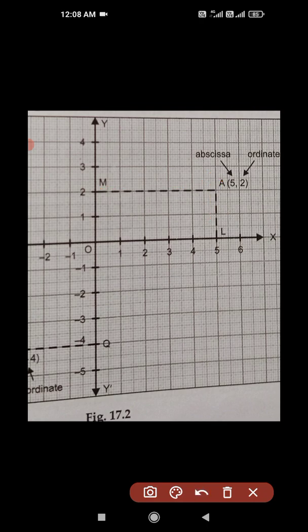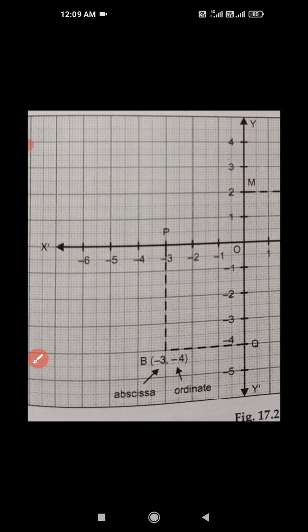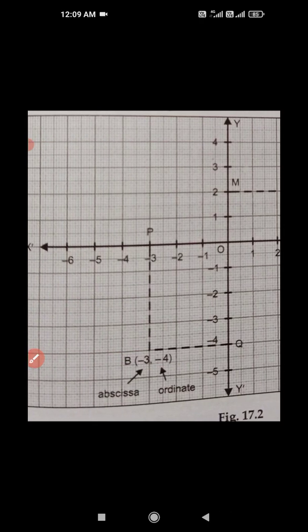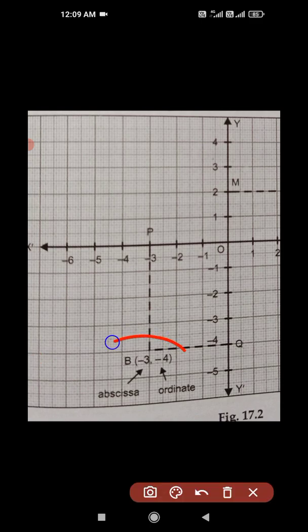What if the numbers are negative? Let me show you. For example, I have another point here, B, that is (-3, -4). So here x is negative. So 1 2 3 steps on this side, we reach here and stop.